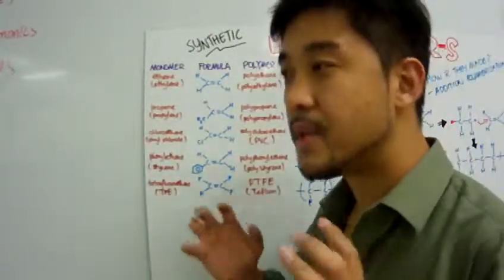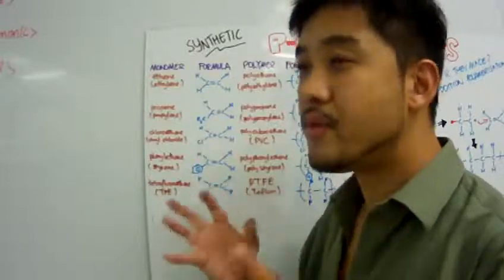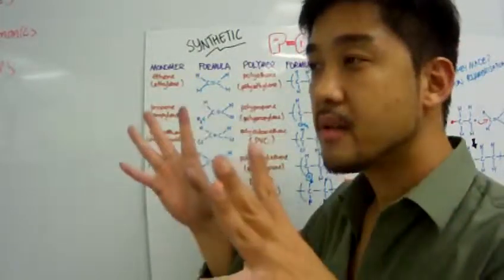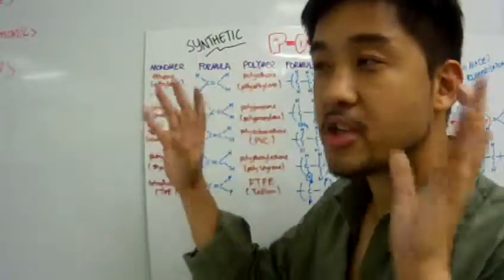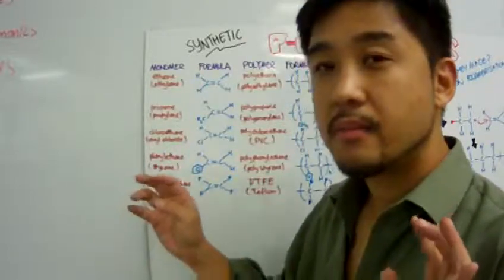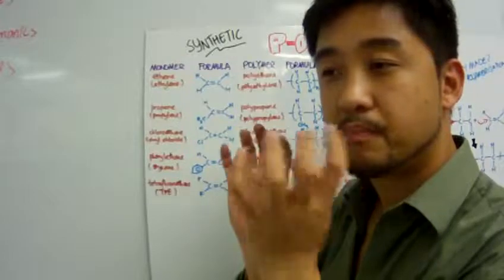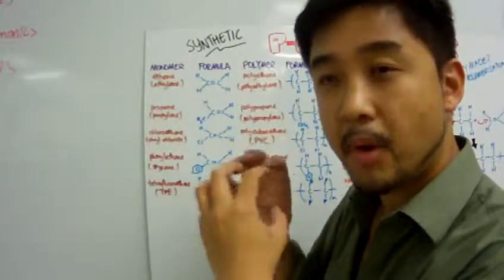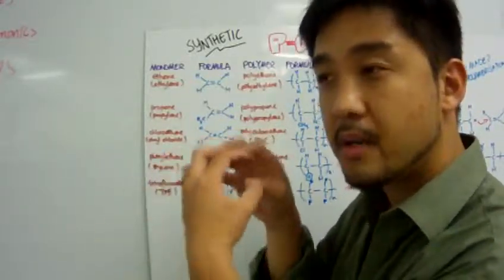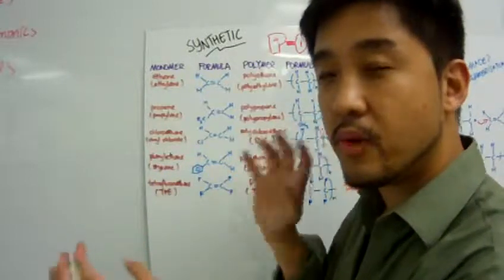And when it breaks, the free radical starts a chain reaction where all the ethenes start forming long chains to form a polymer.